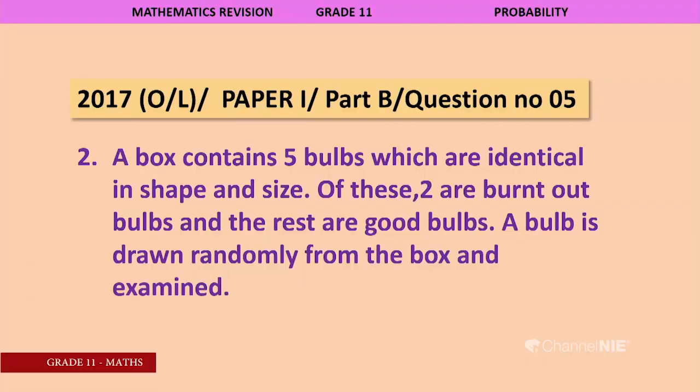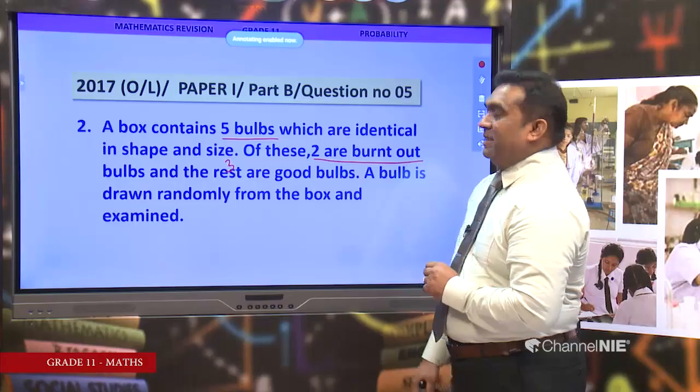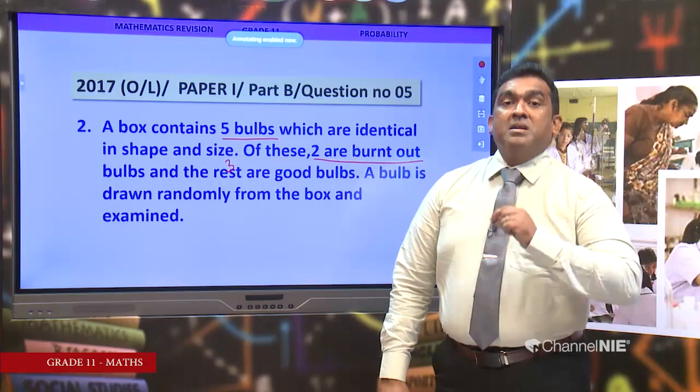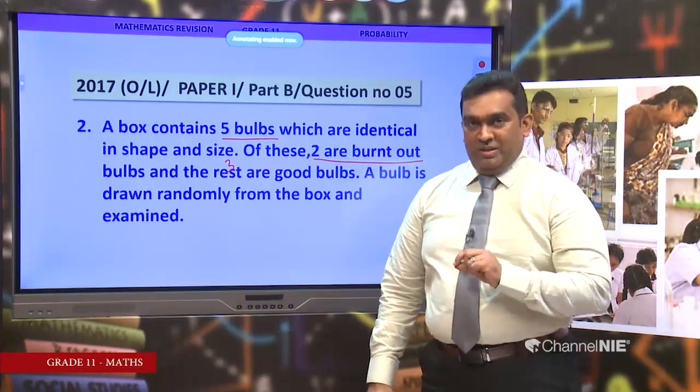This is our first event. Bulbs, and the rest means remainder. 5 minus 2, 3, right? Rest means 3 are good bulbs.